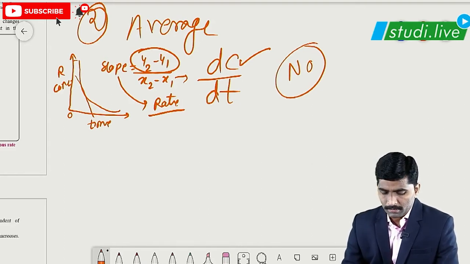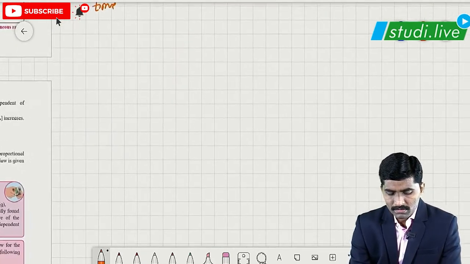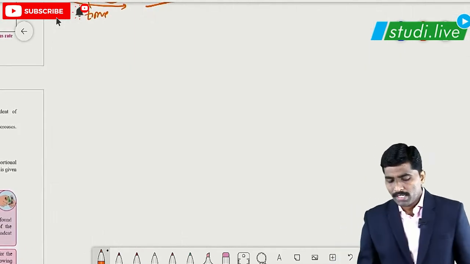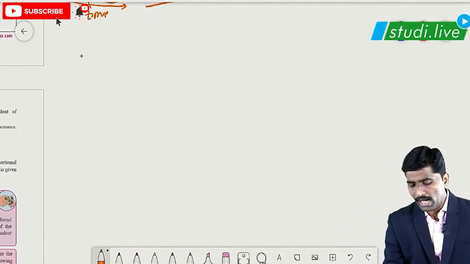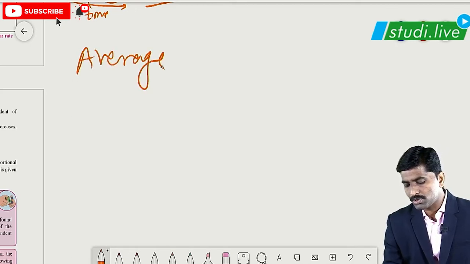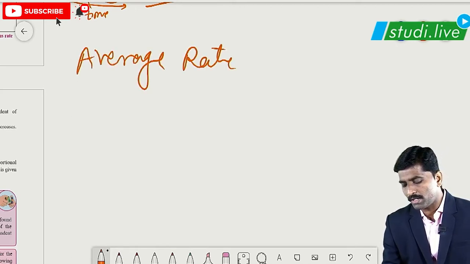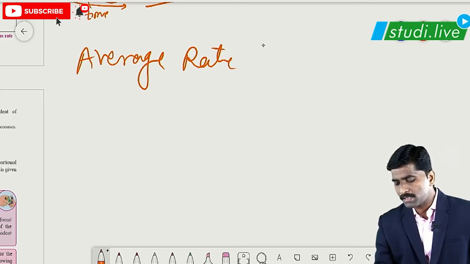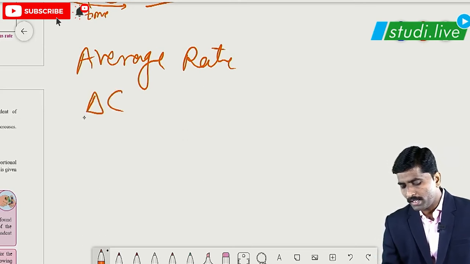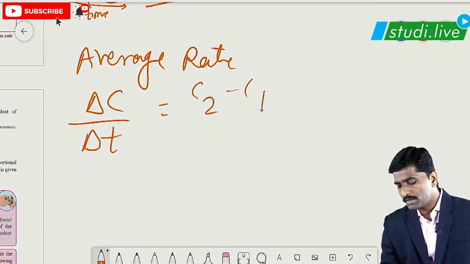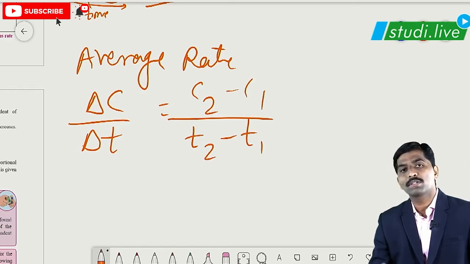For that reason, how can we express the rate? We can express the rate in a different way as average rate of reaction, which we call average rate, and average rate is expressed as delta C upon delta T, that is nothing but C2 minus C1 upon T2 minus T1.